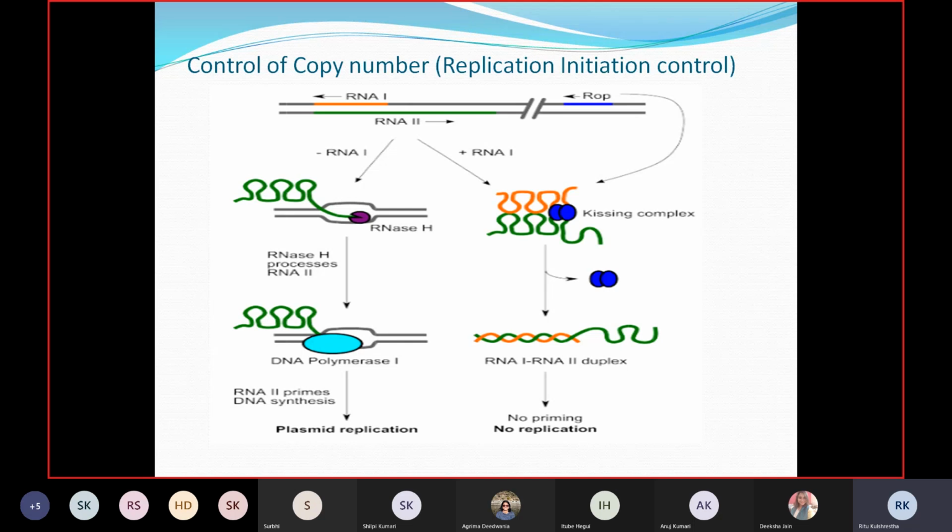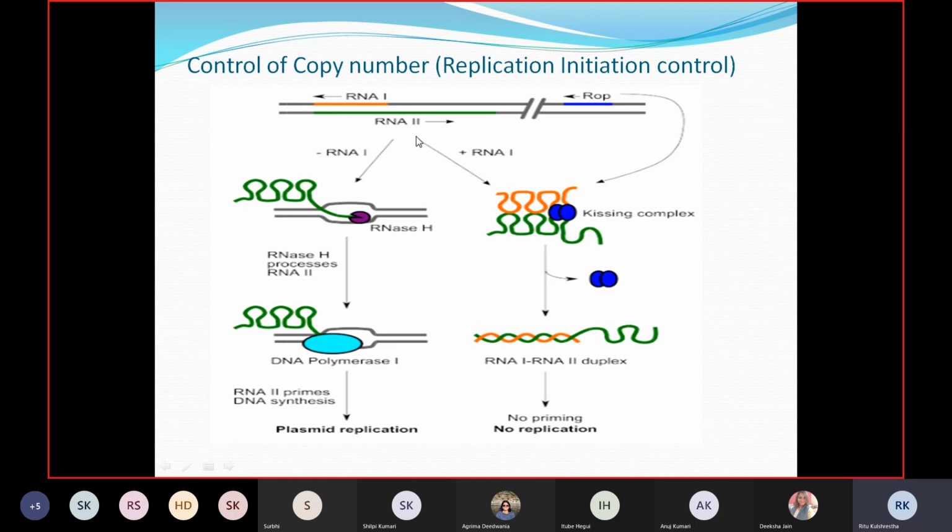Okay, so first coming to the antisense RNA mediated method of control of copy number of plasmids. I think this is the one which is present in ColE1 plasmids. So let's see this particular figure and focus on the RNA2 transcript.